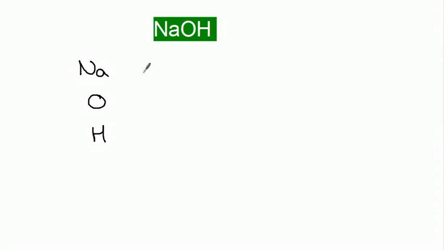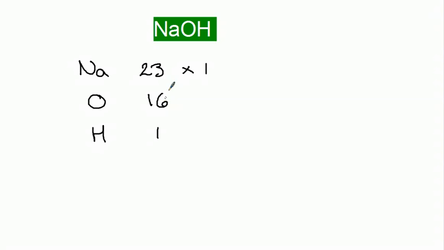Now, if you look at your periodic table, which I'm sure you've got in front of you, of course, you will know that the atomic mass of sodium is 23, the atomic mass of oxygen is 16, and the atomic mass of hydrogen is 1. The next thing to do is to look at the formula. How many sodium atoms do you have in it? Well, here you've got one, so we're going to go times 1.